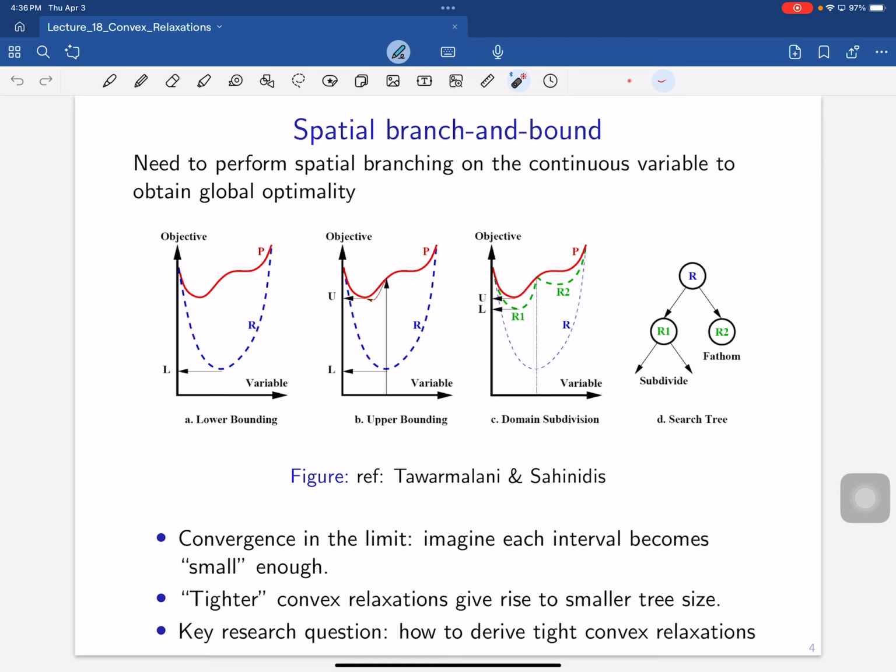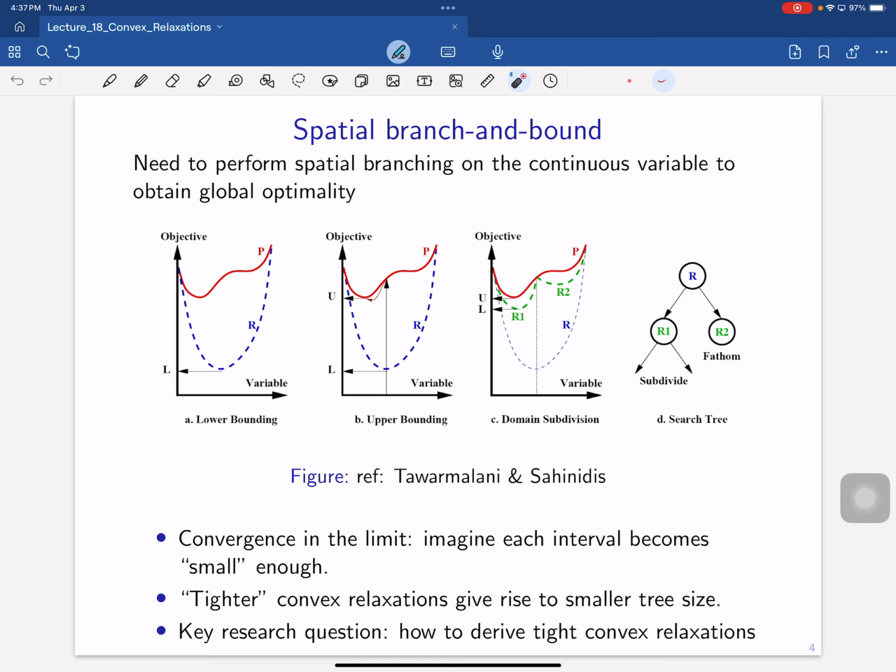Again, the intuition is spatial branch and bound will converge in the limit. You can imagine each of these intervals becomes very small, and then the convex relaxation will approach the original function. Now, having said that, we do not want to solve a problem with an infinite number of nodes, right? As the parameter goes to 0.